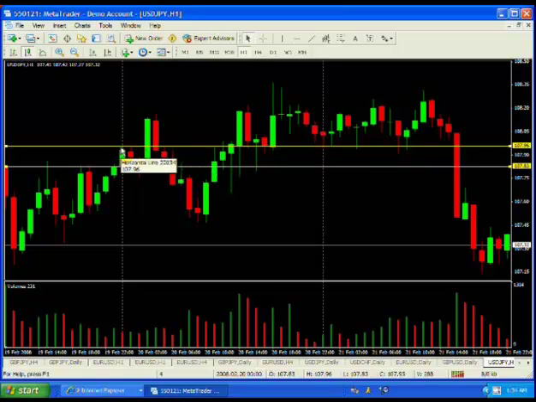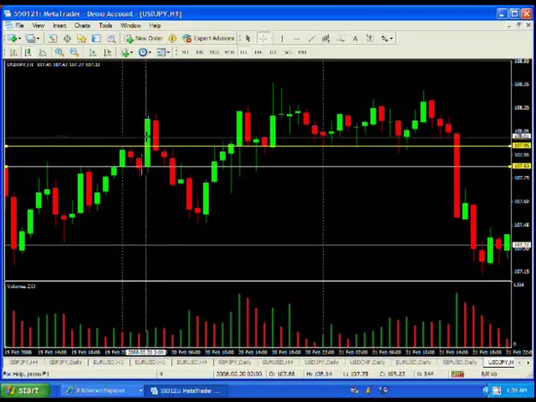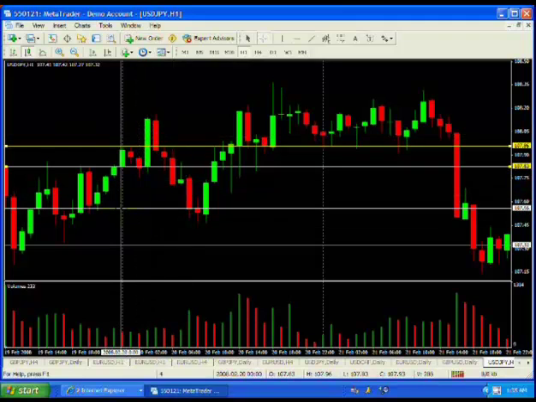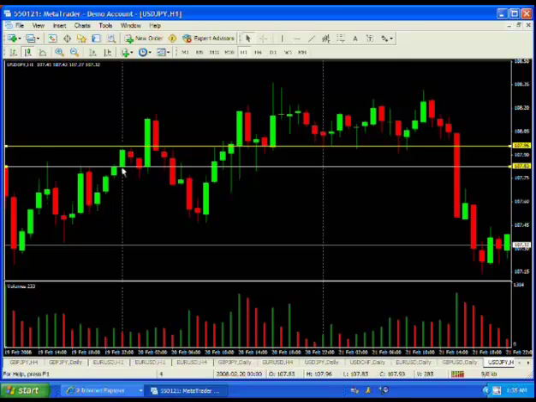Okay, here we have a bullish breakout again on the open range, and we can see here that the low of the open range is here, and we had a close just a tad, a couple of pips below the low of the opening range.